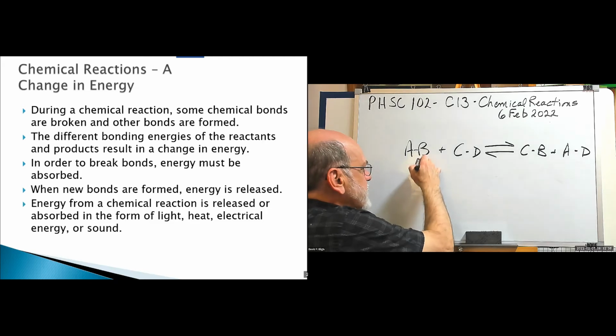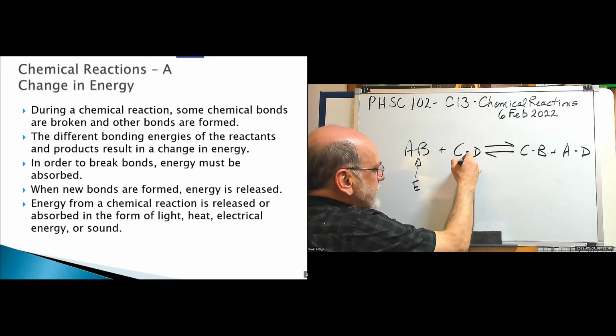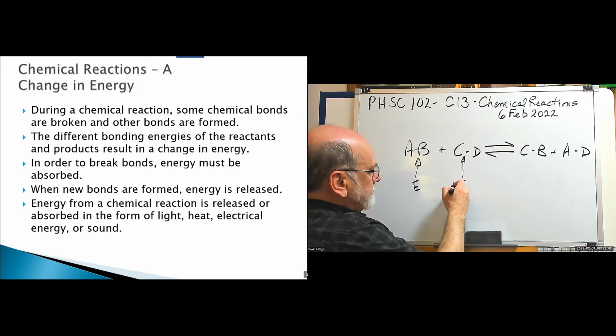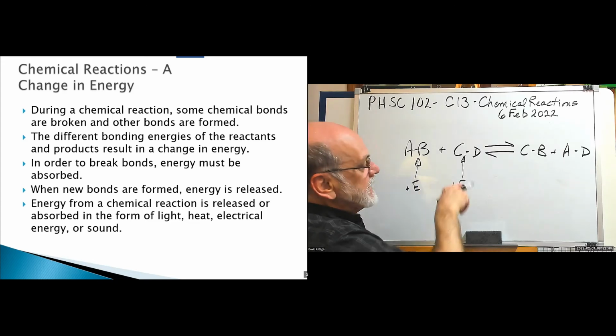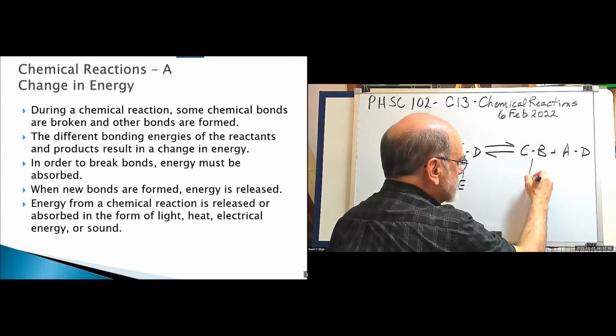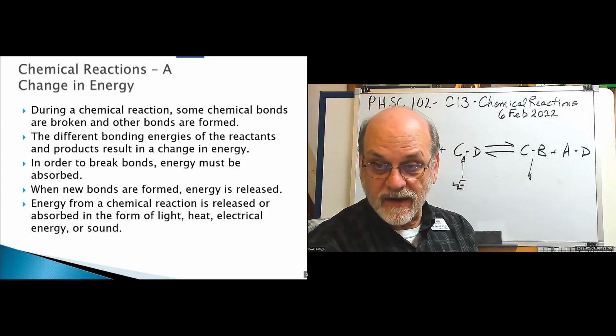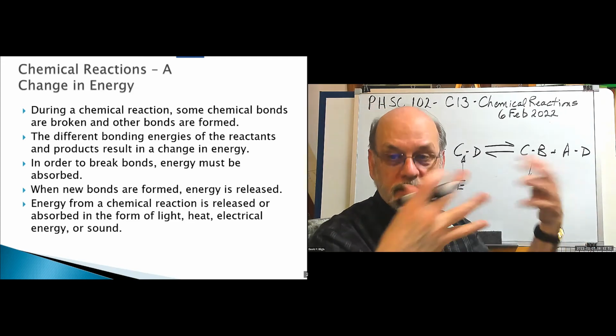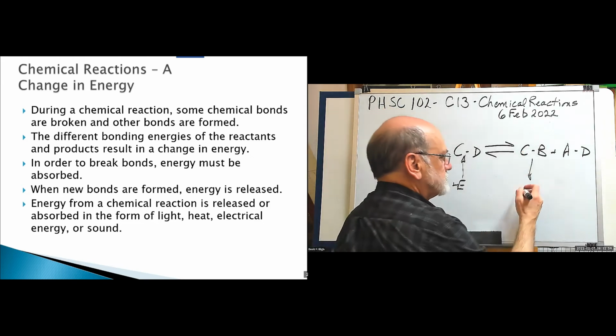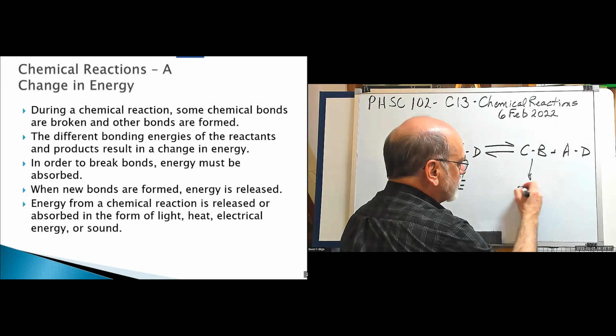So we had to add energy in. We had to add energy here. Okay, over here, we get energy back as these independent atoms, after the bonds are broken, recombine in this form. And now we get energy back.